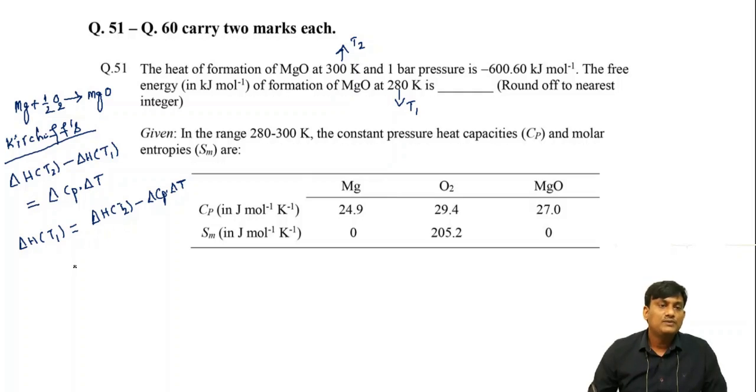What is the value of delta H? Delta H at T2, this is a value, minus 600.60 kilojoule mole inverse. You have to find out delta Cp. Okay, what is the delta Cp value?